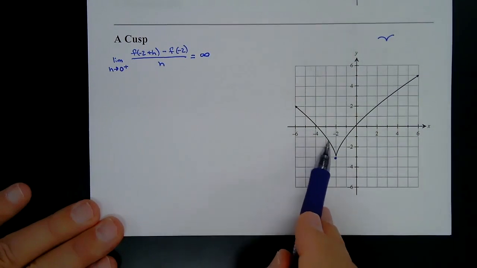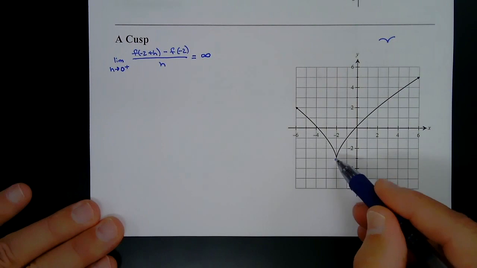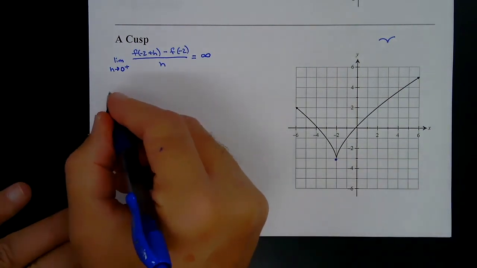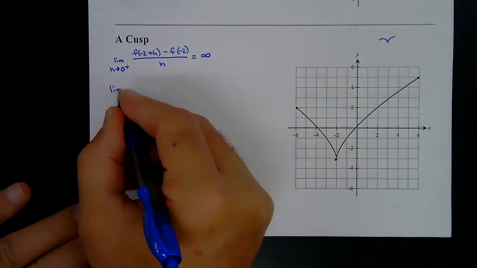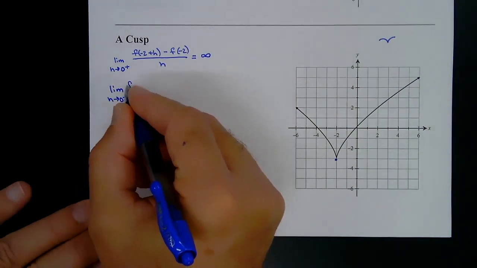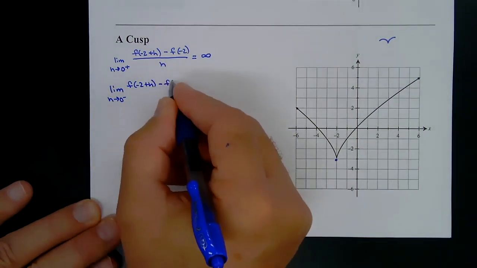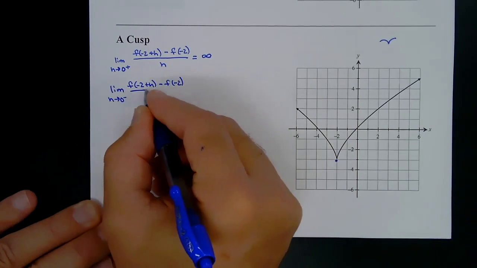Now, if we come from the other side and draw a line between this anchor point and the other one, we would have a negative slope. So let's go ahead and write the left-hand derivative, which would be the limit as h approaches 0 from the left of f of -2 plus h minus f of -2.